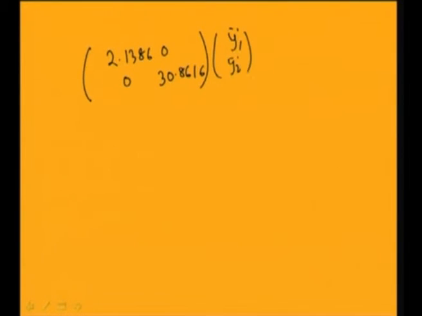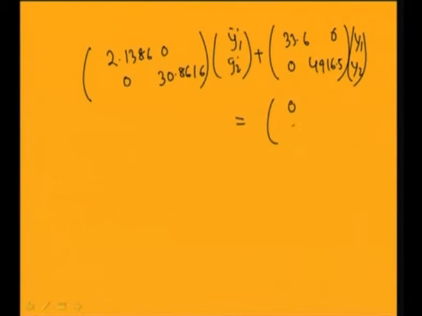So you can write this equation in this form: 2.1386, 30.8616 times y1 double dot, y2 double dot, plus the matrix 33.60 and 4916.5 times y1, y2, equal to 0, 0.